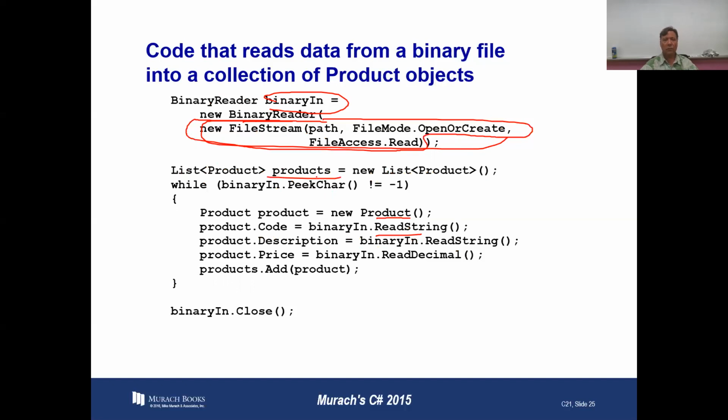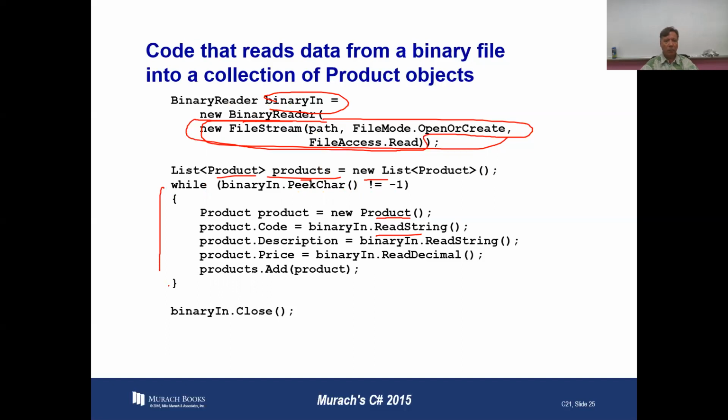We're going to create a new list of product objects called products. And we're going to peek at the first character of the stream. And if it's not -1, that means there's something there.